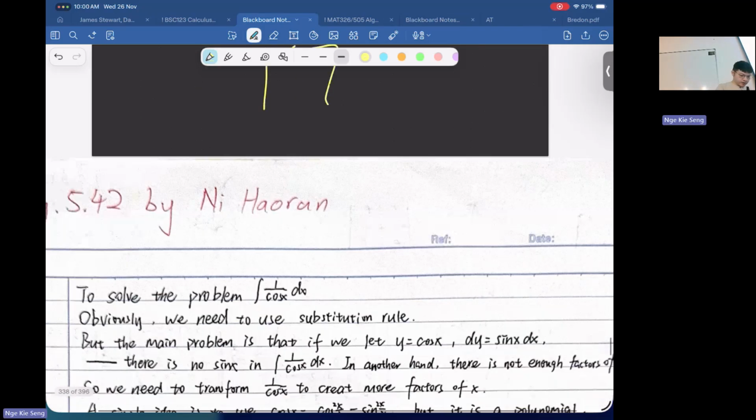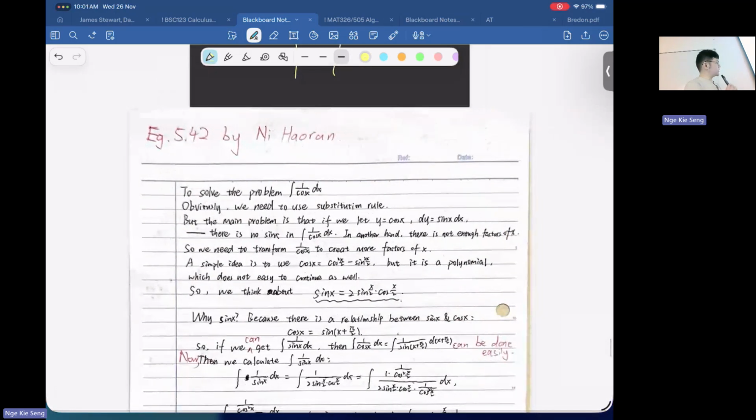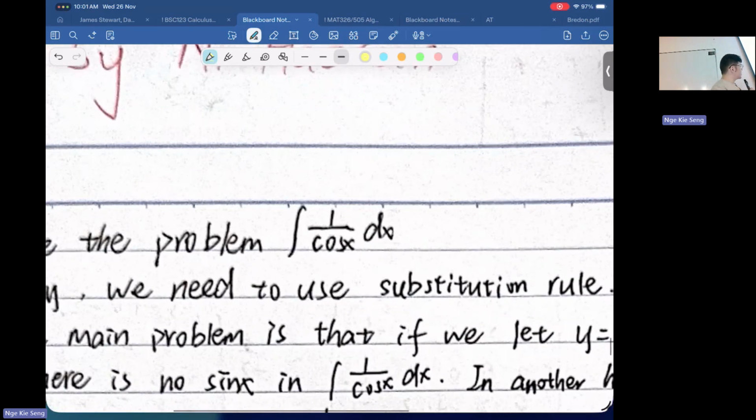Okay, so I posted one example done by Haran. It's example 5.42, integrating 1 over cos x dx, or integrating secant x dx.